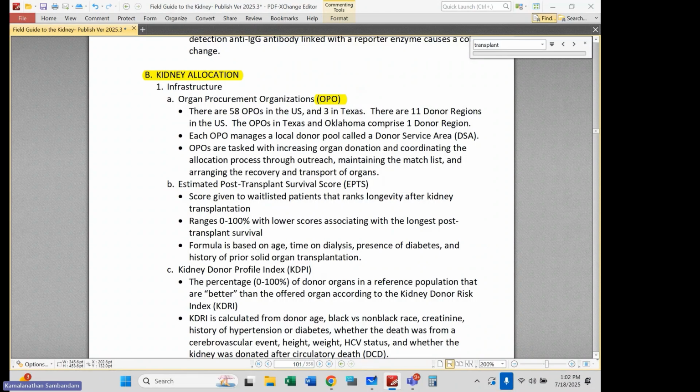There's been lately in the press a lot of criticism of this existing system, which is based on Medicare contracting, or the federal government contracting with these non-governmental entities called organ procurement organizations to identify donors, identify recipients, and then match people efficiently and keep track of points accurately.